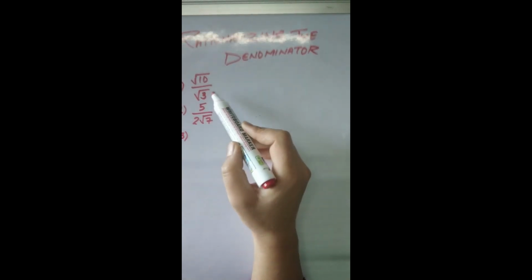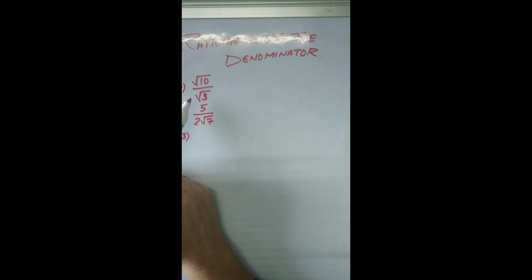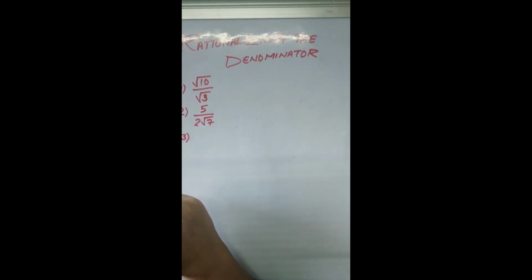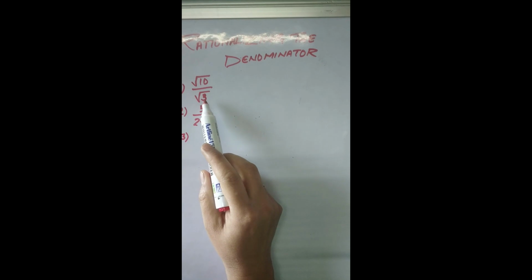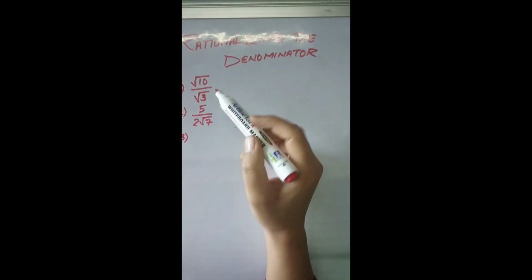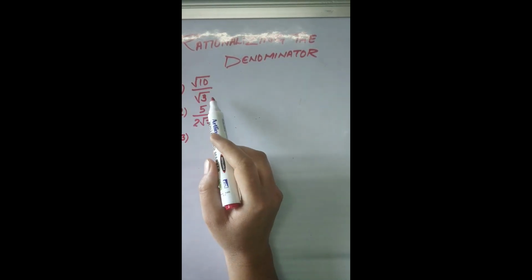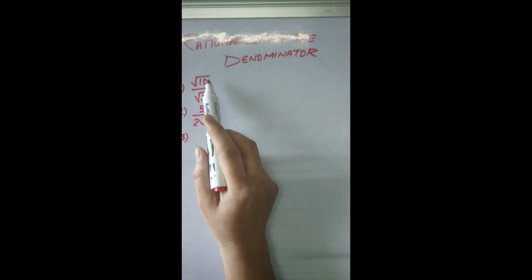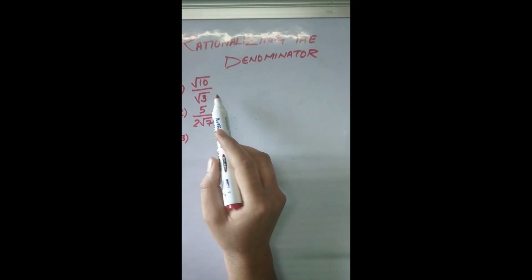Root 10 over root 3, this is not the simplified form. We have to simplify it by rationalizing its denominator. And what is the rationalizing factor? The rationalizing factor is going to be root 3, not root 10, because we are rationalizing the denominator.